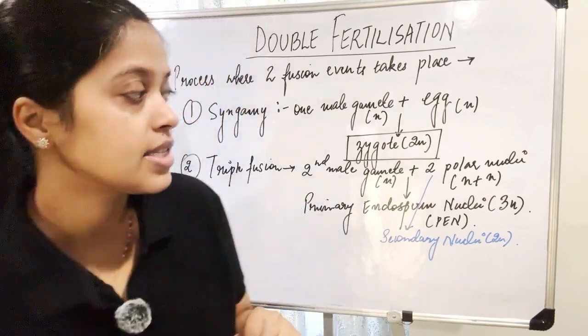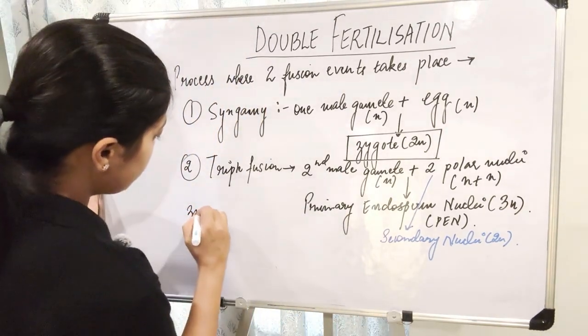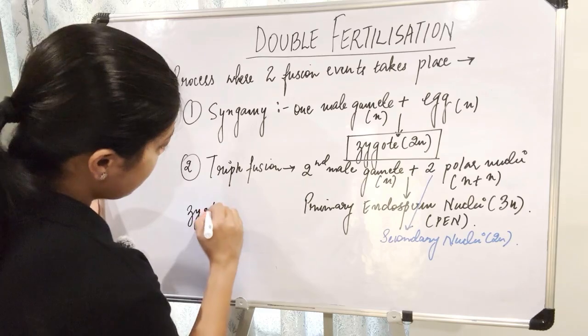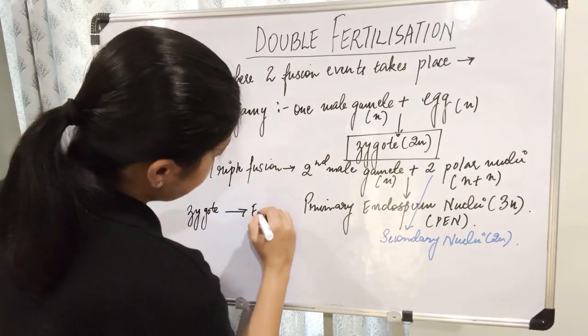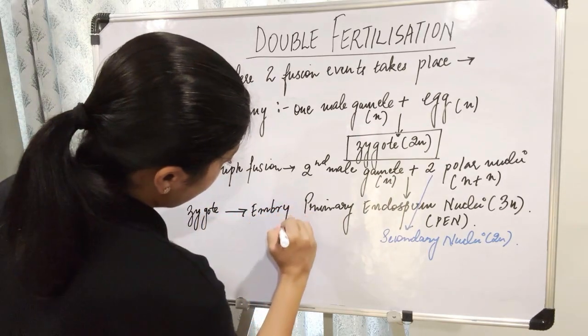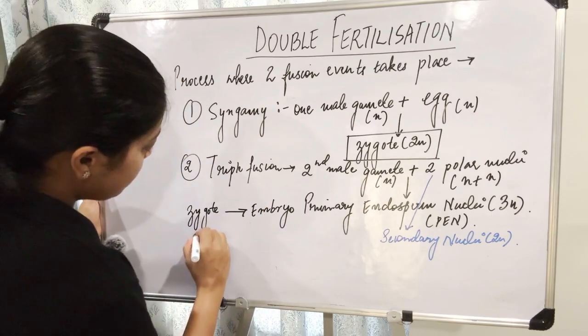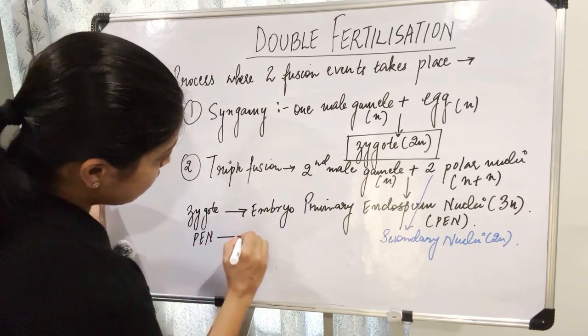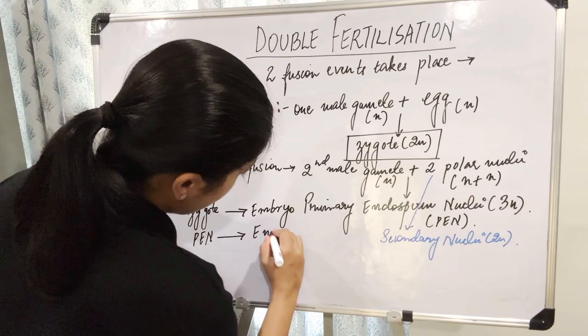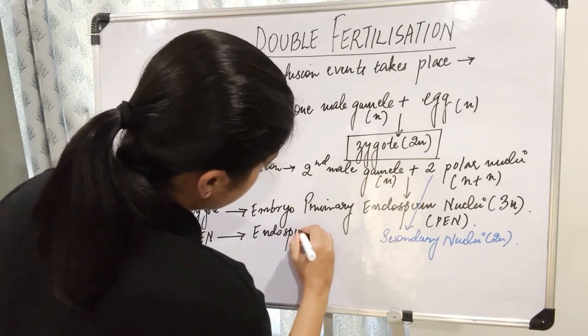In the post fertilization events, the zygote develops into the embryo and the primary endosperm nucleus further divides to form the endosperm.